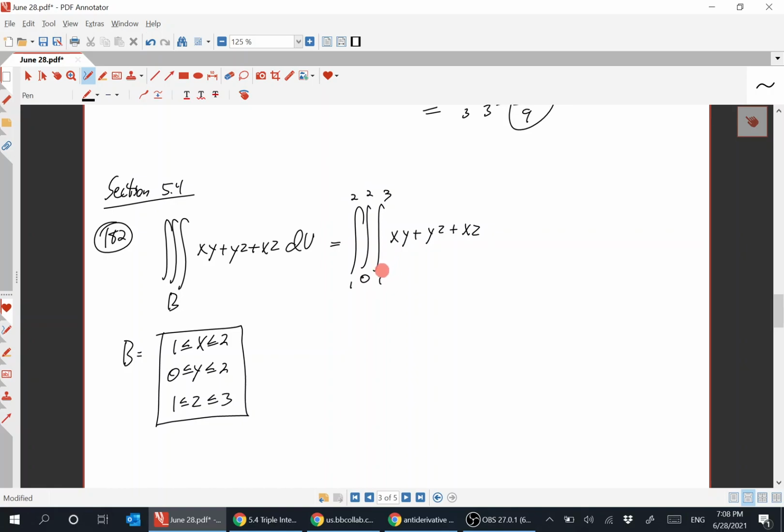So this is dz, dy, dx. Okay, we could have done it in any other order. And this is just a polynomial in x, y, and z.